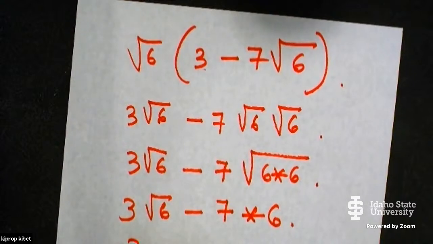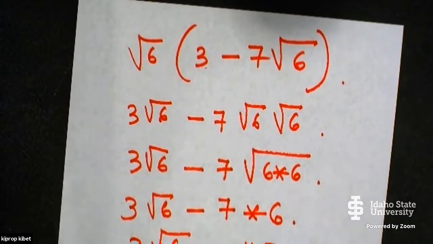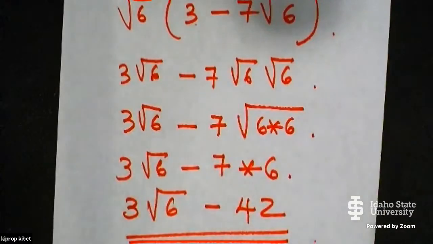So finally it will be 3 the square root of 6 minus 42. Any question up to that?